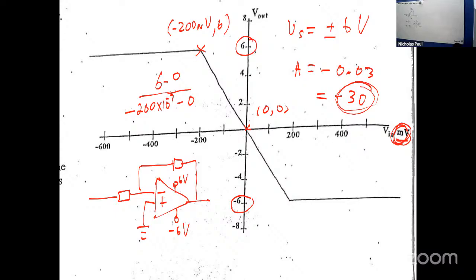What you choose doesn't matter. They didn't give us a range. So we can even use 30 kilo ohms and 1 kilo ohm. Actually, let me use something more typical, right? 310.